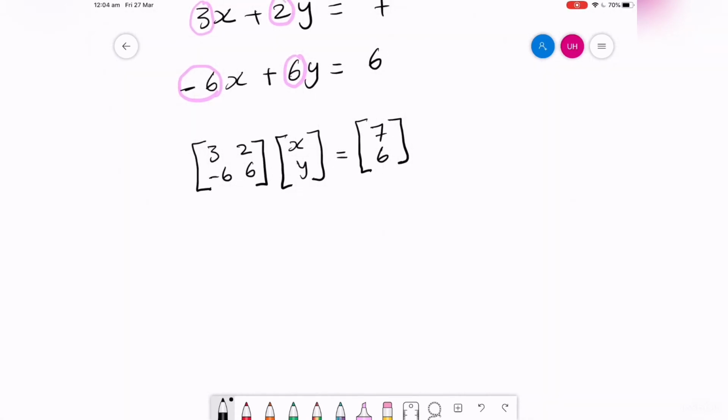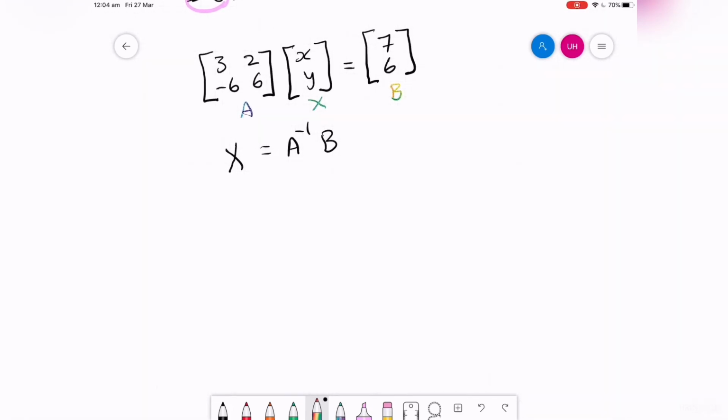To solve the simultaneous equations, we use the expression X equals A inverse times B. And just to remind you, this is B, this is X, and this is A. So from this, we know that we need to find the A inverse, basically.